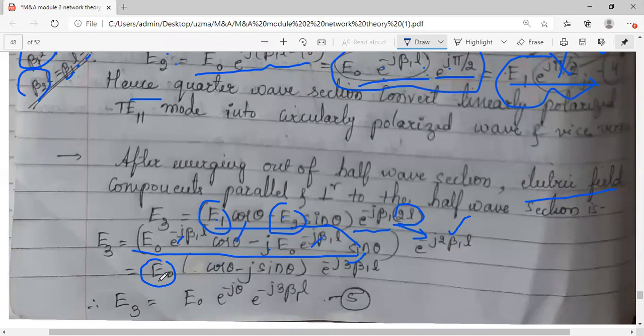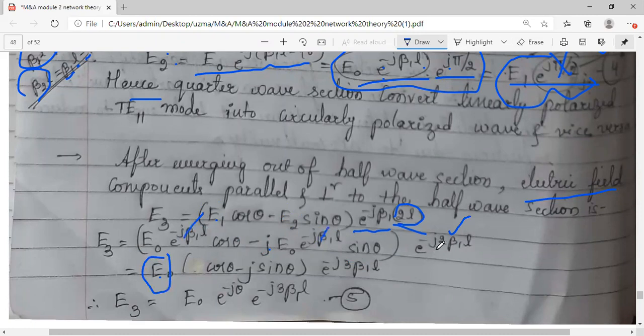Exponential terms all together, E naught outside. You will be left with cos minus j sine. Check what all things you did. E naught you took common. Here the exponential terms you take common, that is 1 beta 1 l, 2 beta 1 l, 2 plus 1 is 3. So this is outside.